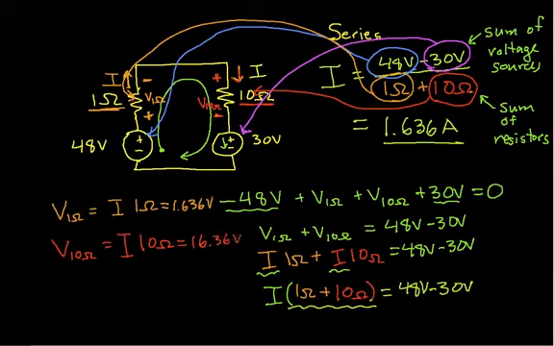So that's pretty much everything we can compute in this circuit, and we've done it by starting at some arbitrary point in the circuit, going all the way around the loop, applying KVL, and then solving for the current. Again, this technique applies whenever you have voltage sources like this in series with resistors.